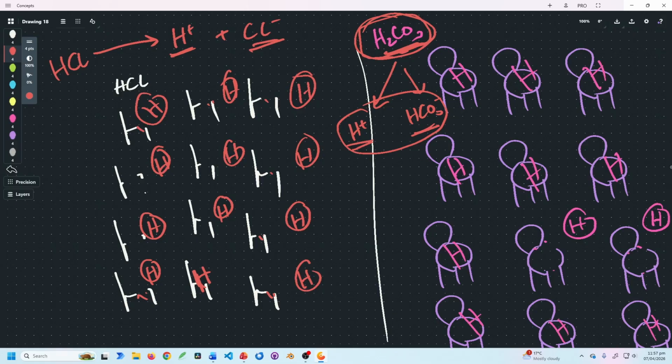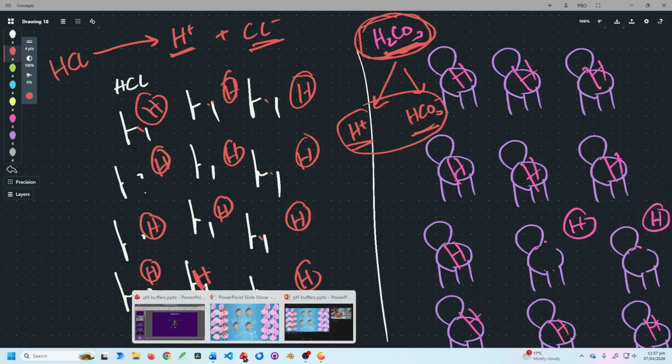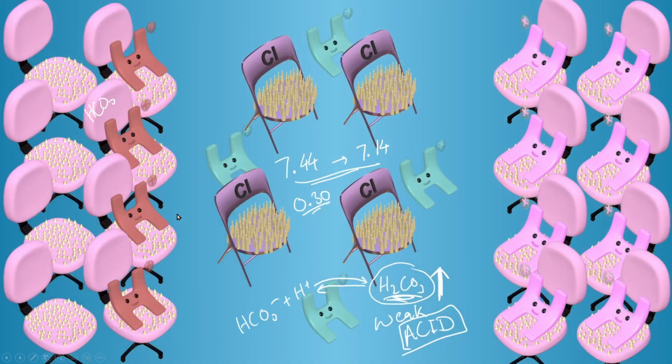This diagram is much more simplified. We are only showing these four acids here. Actually there are billions and trillions of molecules. I have never counted how many they are, but they are many, to be honest. So here we have just these four sitting here.